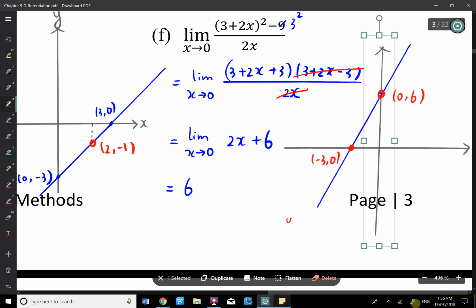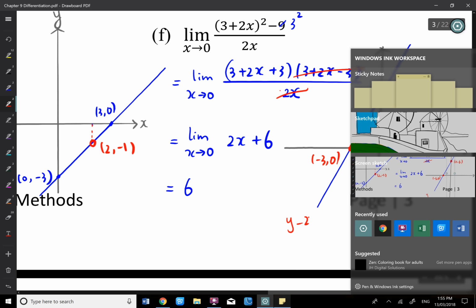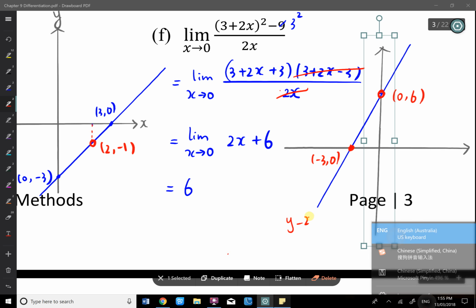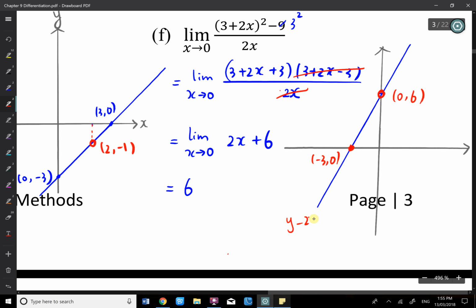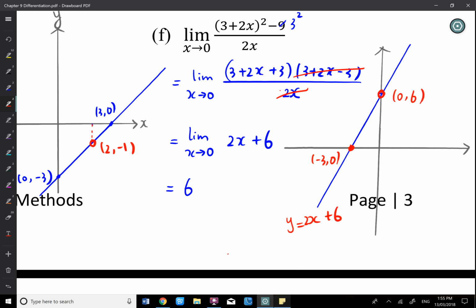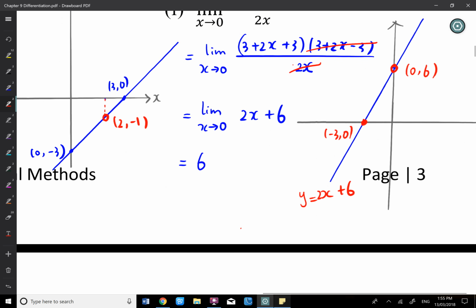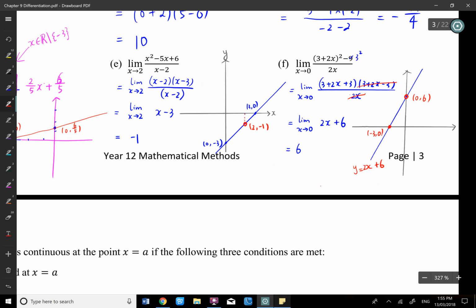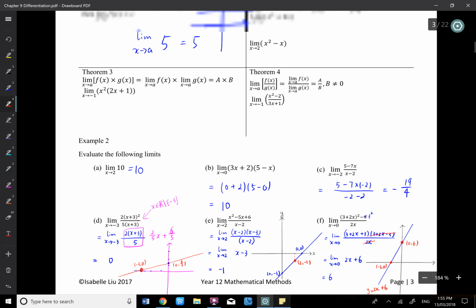Okay, that's the function y equals 2x plus 6. Alright, that's how we can evaluate a limit. That's the end of the limit exercise.